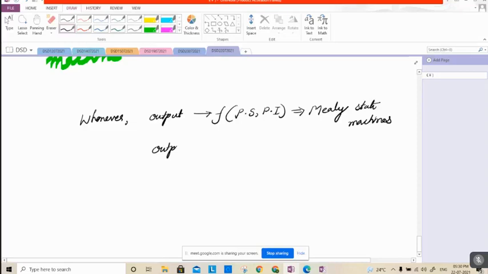And whenever the output is a function of only the present state, then such circuits are called Moore state machines. See, the output is not the next state here. We are not talking about the next state, we are talking about the output. Output and state are different.